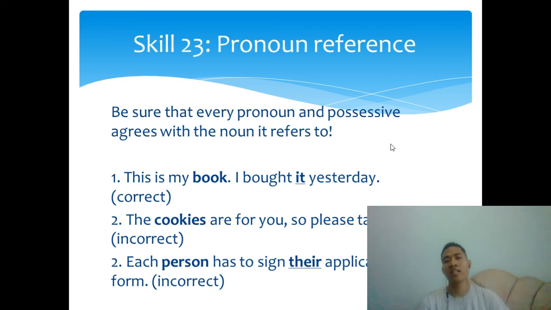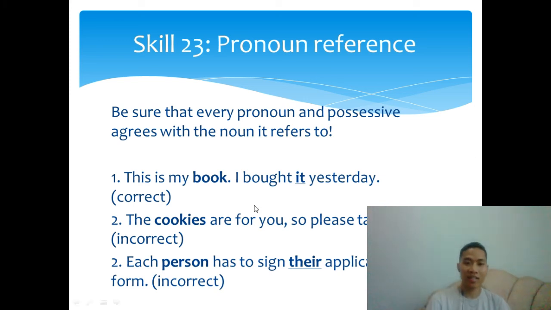Because Mr. Pahmi is a male teacher, we need to use he or him, depending on the position. For example, Mr. Pahmi is a teacher. Full stop. We need to say he is from Pekanbaru. We cannot say they are from Pekanbaru because they doesn't agree with the form of the noun. The noun is one person, male, so we need to use he.